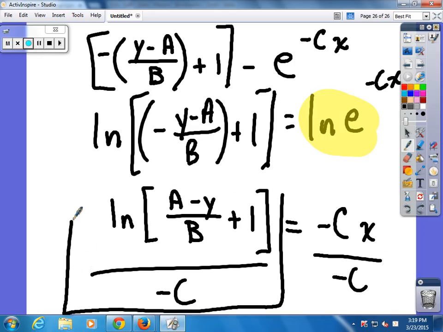Now, of course, you could take that negative and work it in here, but I just leave it like this. Once you do one or two of those in your homework, you'll see how they want it. Now, where are the logarithms?